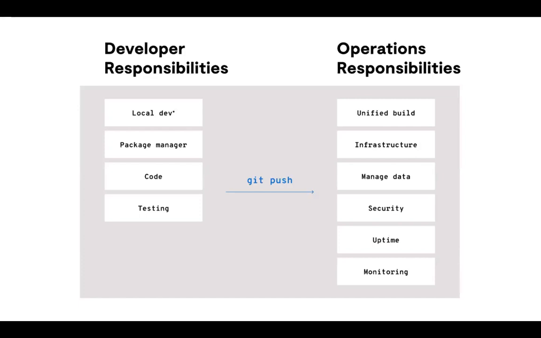And the reason for that is that there can actually be crossover responsibilities there already, which is why we have DevOps. For example, if there are specific services like a PostgreSQL or an Elasticsearch or a MongoDB that are needed to make the application run, then either that developer will need a container image, like a Docker image maybe, or an online development server to be able to develop that application.